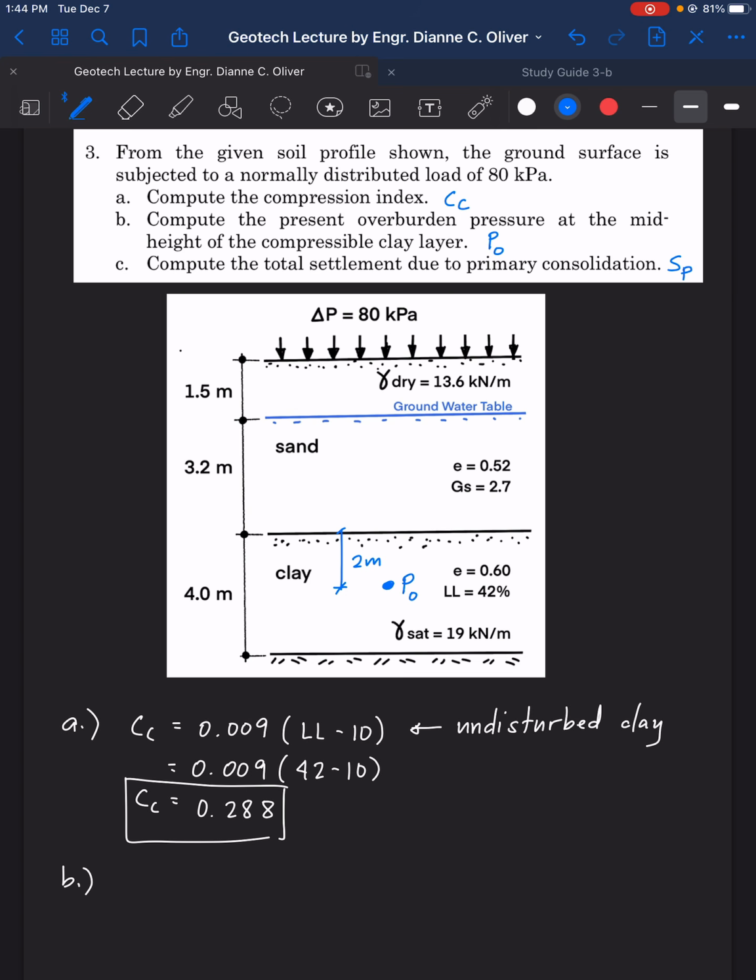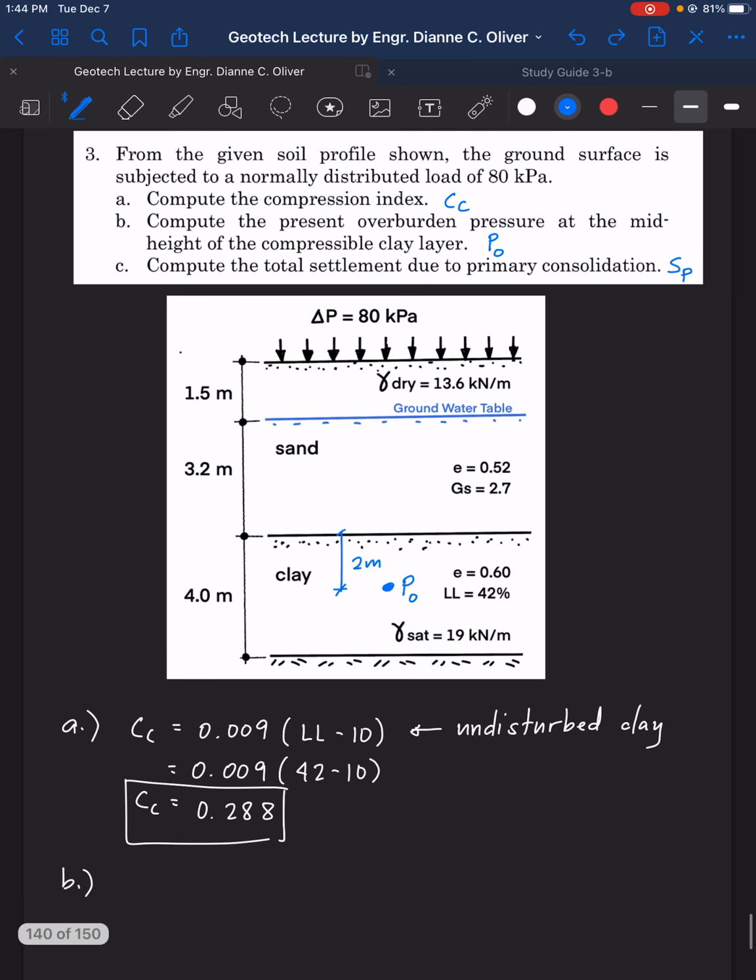What gamma are we going to use for the sand here? Since there is a presence of groundwater table, the gamma here is gamma sat.